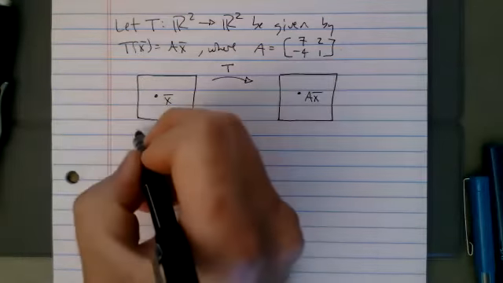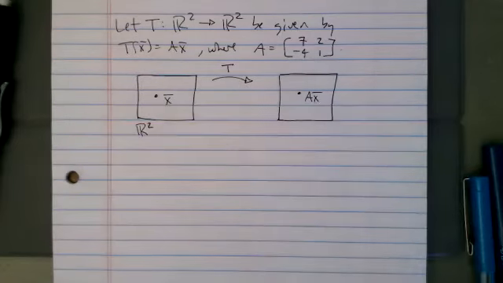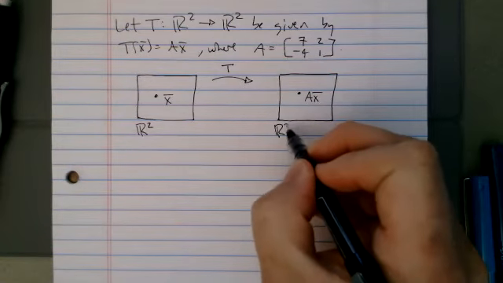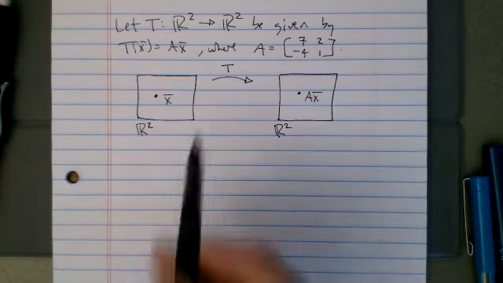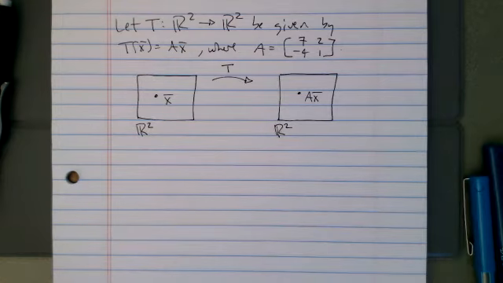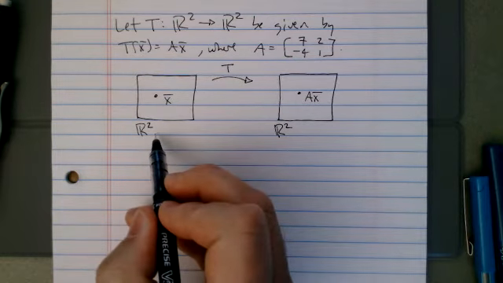Here's R2, and this is also R2, where the image of X is just AX. This is the picture that we've seen before, with R2 in standard coordinates.